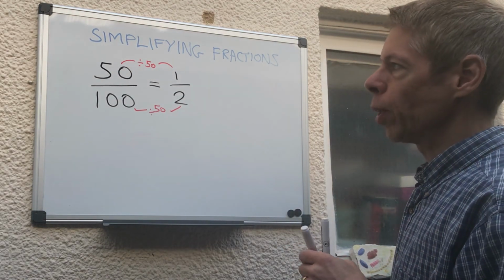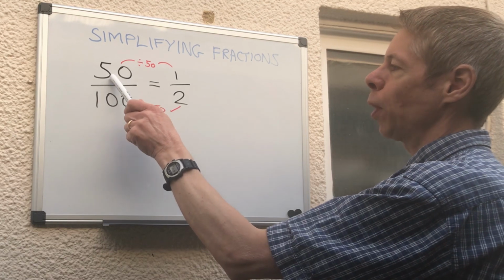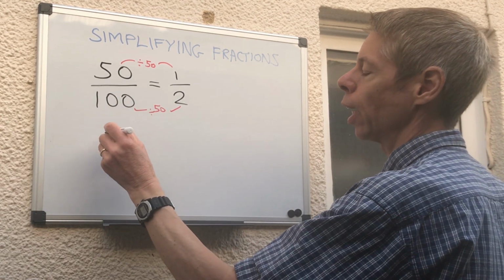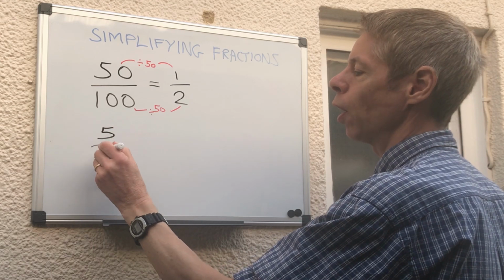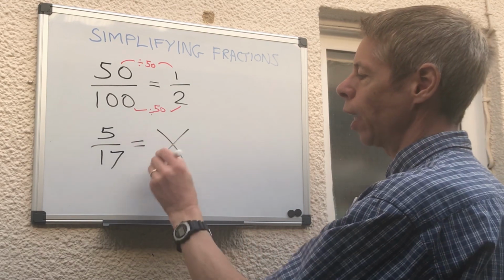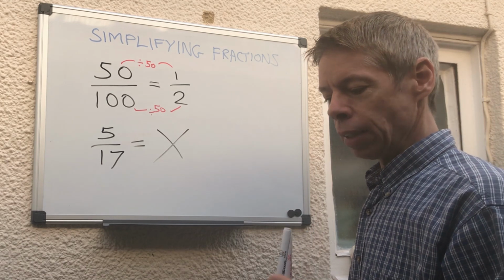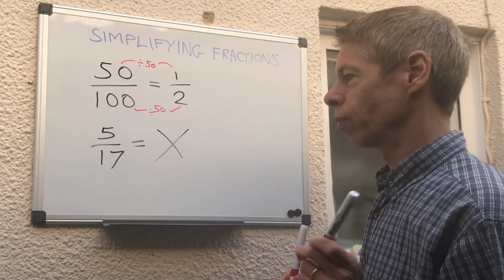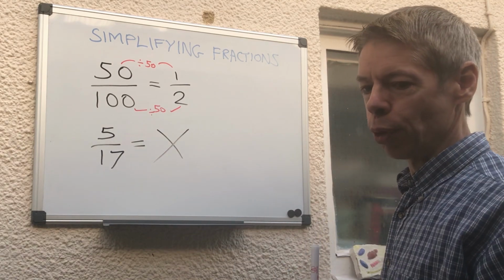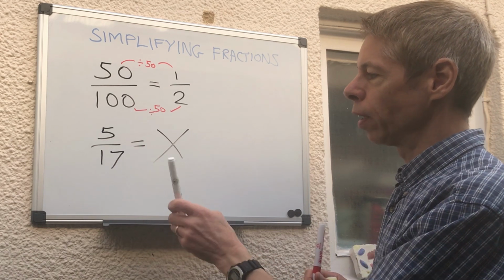The important thing when we're simplifying fractions is we need a number that both of these numbers can be divided by. So if we had a number like 5 over 17, we cannot simplify that fraction because, as you will see from our video on prime numbers coming soon, 5 and 17 are prime numbers, which means they can only be divided by themselves and 1.